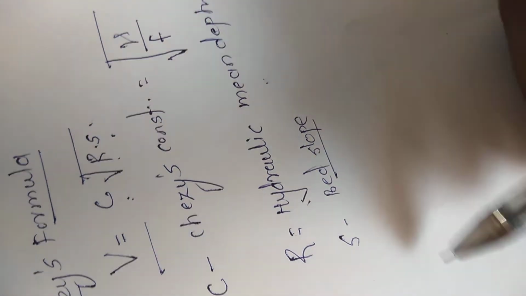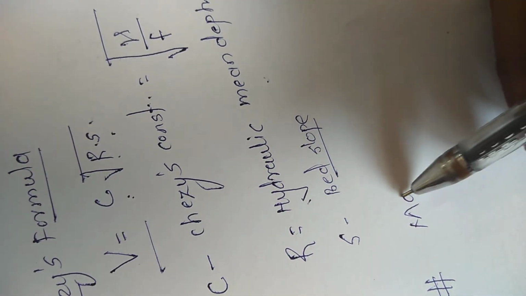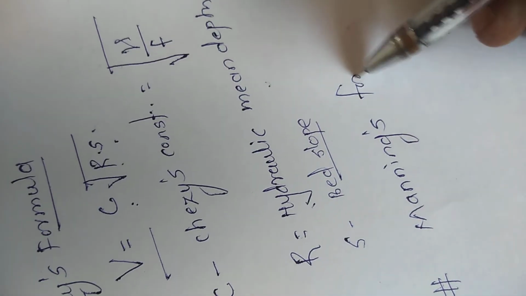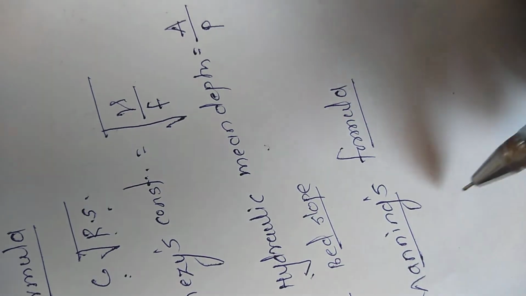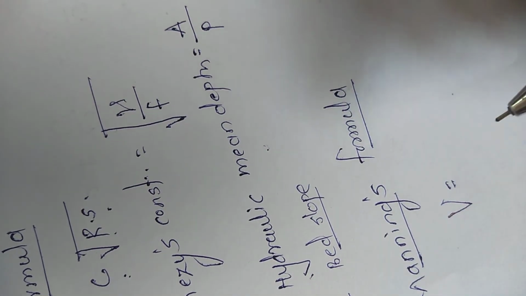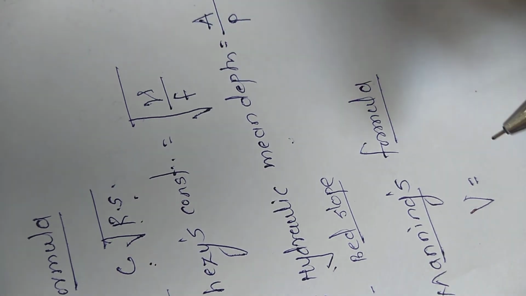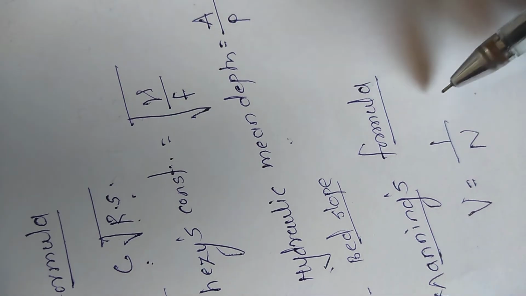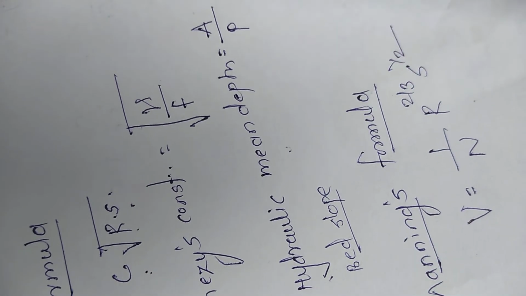Another formula we use is Manning's formula. This also finds the velocity. These two different formulas are used to find out the velocities. V is equal to 1 upon n, R raised to 2/3, S raised to half.